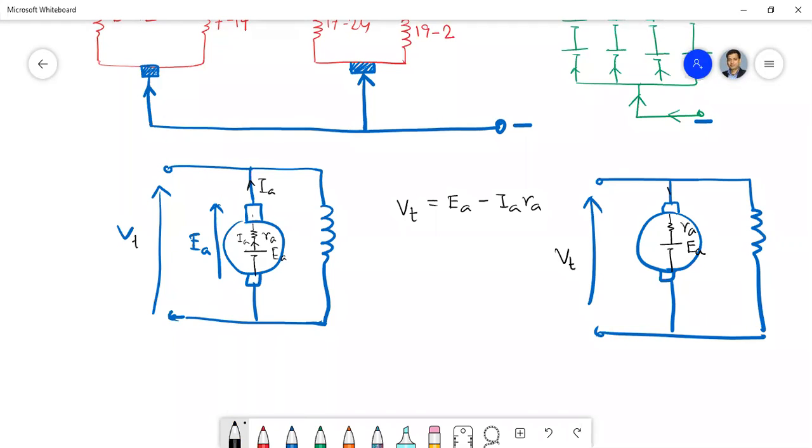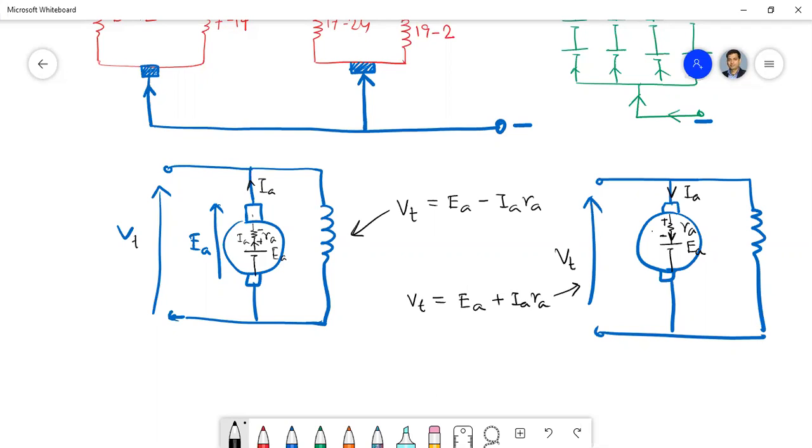The only change is the current direction. So this is your IA. Here you just see the polarity. Have you understood? If we consider the polarity, here we will get VT equals EA plus IARA. So that is the difference.